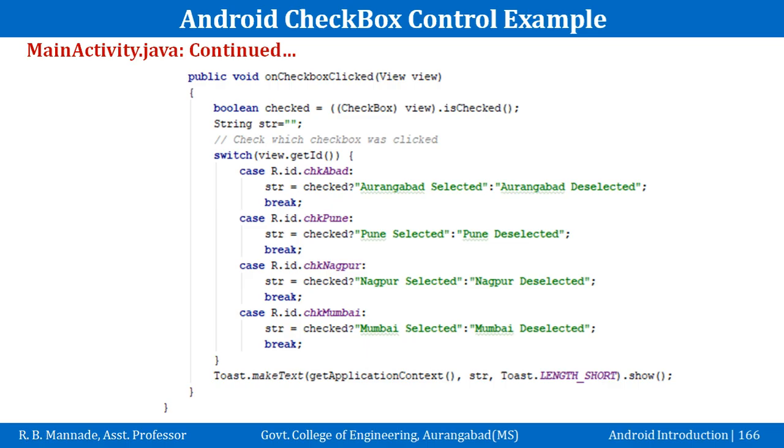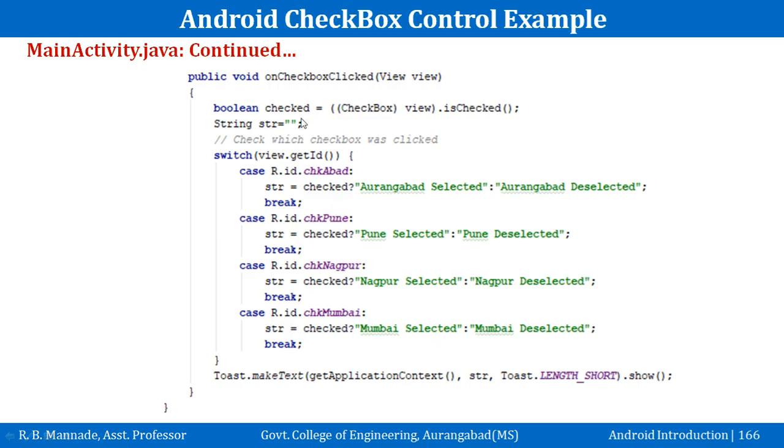Similarly, if the checkbox for Pune city is selected, then as soon as the user clicks on the Pune checkbox, this method will be called with the view object which contains the Pune checkbox.